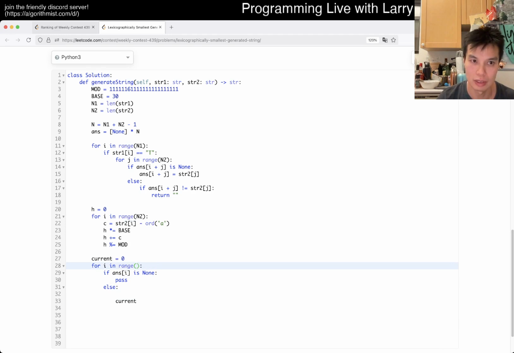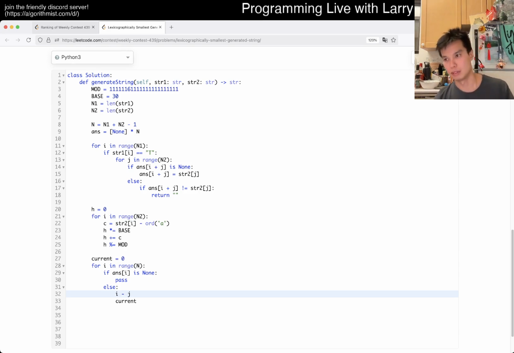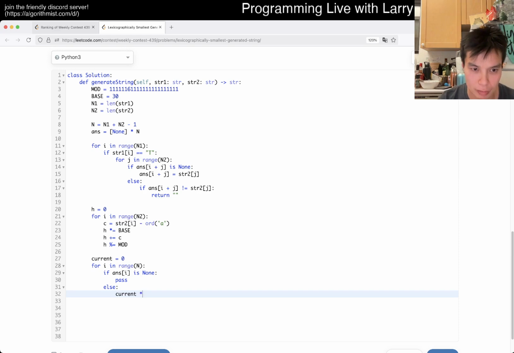So n, yeah, on n, and then I minus j. So this has to be, if this is none, that means that it's not defined. Oh yeah, okay, so this means that it is defined. Oh, it doesn't really matter, really. So we just shift and add.